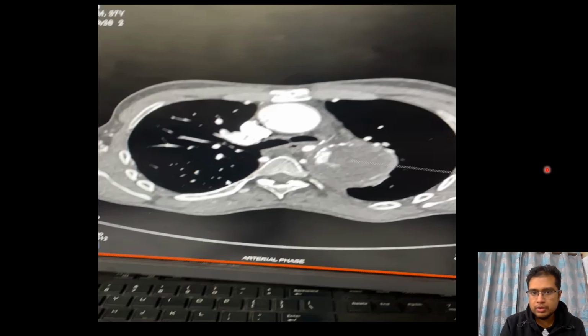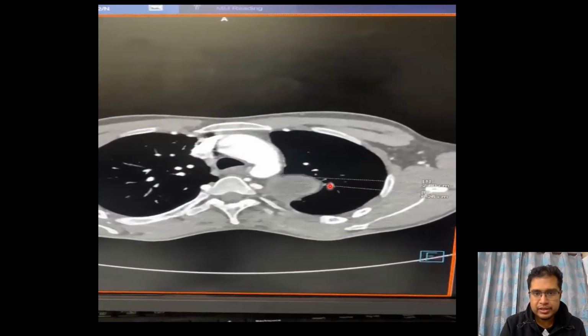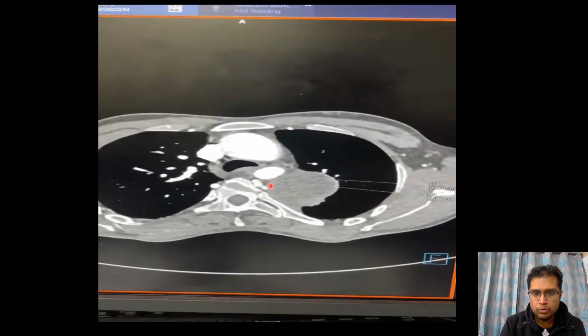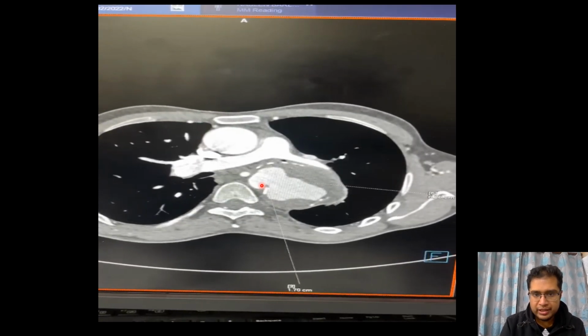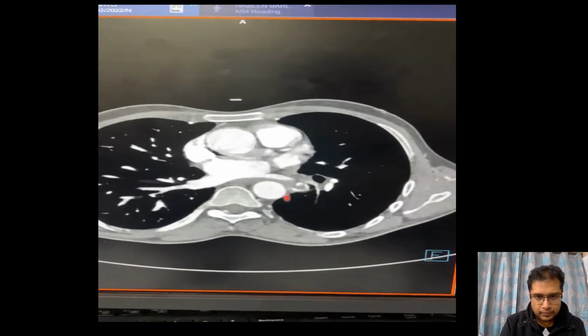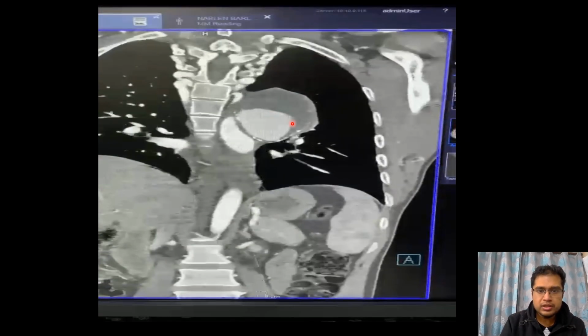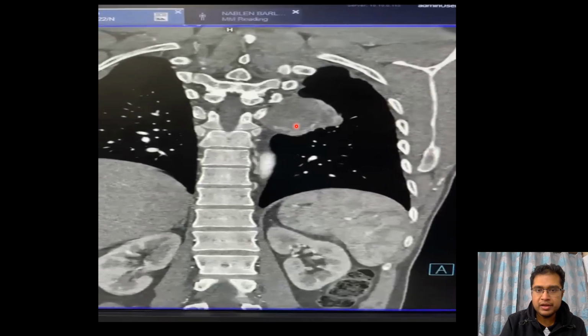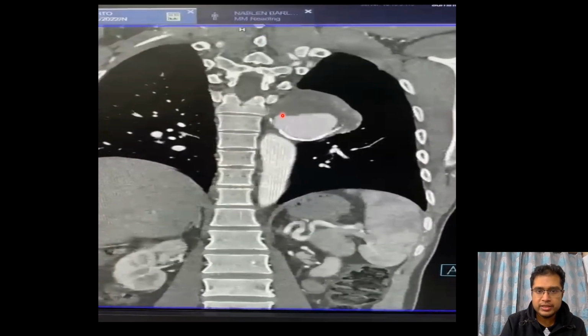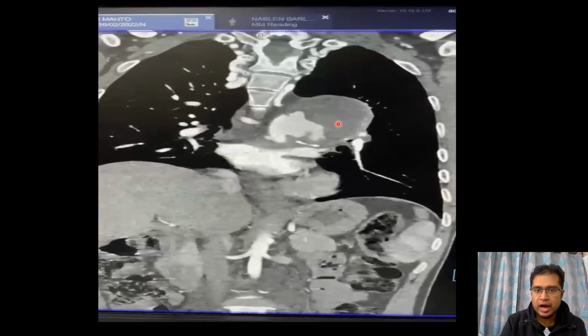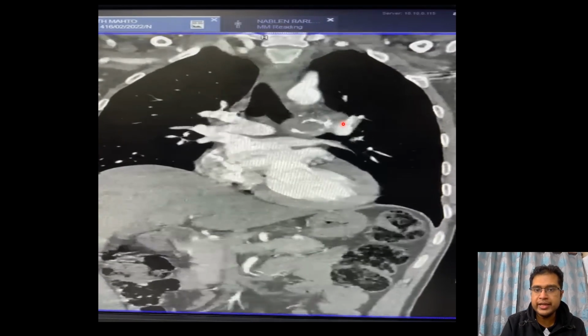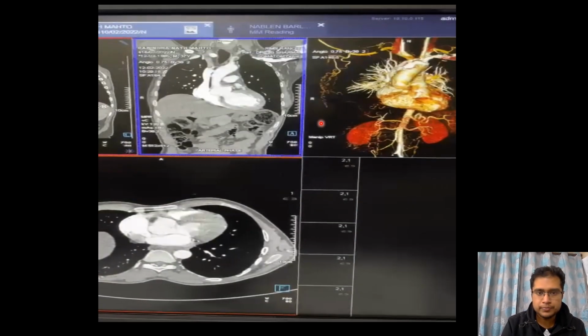So this is the post-contrast axial section where we can see that there is an outpouching from the descending thoracic aorta. These are the coronal images where we can see this very well, outpouching from the descending thoracic aorta along with a peripheral hypodense area, which is indicative of thrombus.